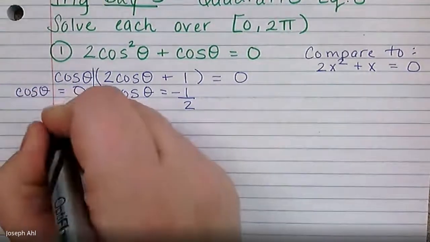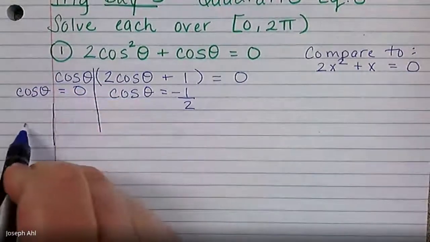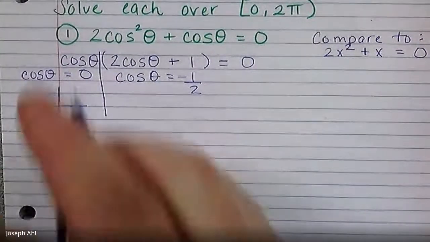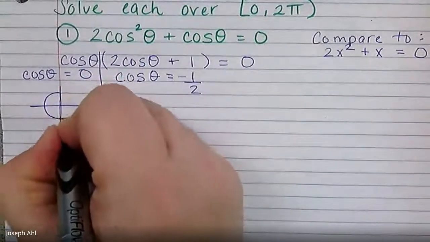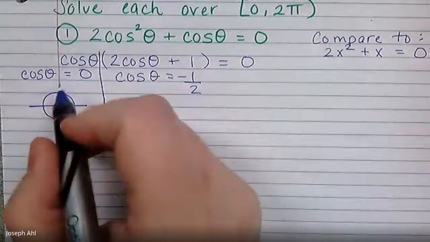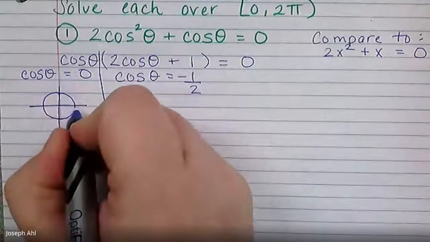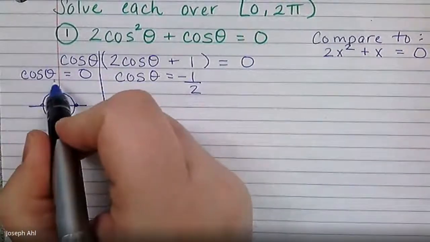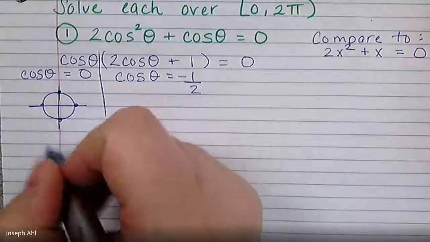Cos theta equals 0 has 2 solutions. Those 2 solutions do not come from drawing triangles at all. I mean, how would you even know what quadrants to draw them in? They come from the unit circle. So whenever you have a trig function equal to 0, it's got to be a unit circle question. Now, what we have to remember is that cosine of an angle goes with the x value on the unit circle.